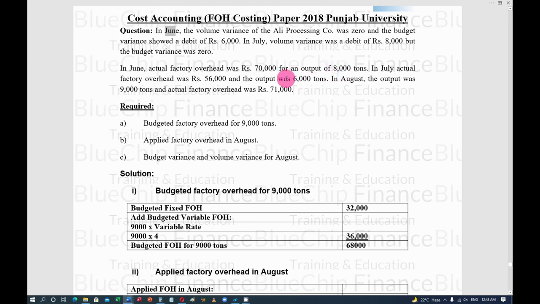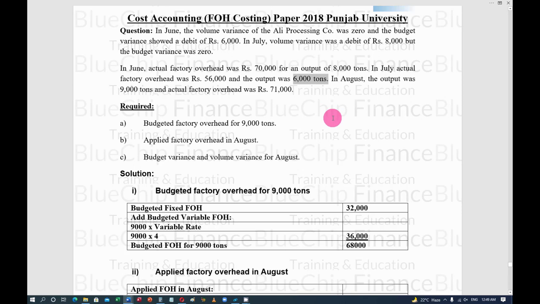Between these two levels, the 8,000 tons activity level is the highest, which is obviously for June. But as you noted above, there is a debit of rupees 6,000 for budget variance, so we subtract this 6,000 out of this 70,000. So budgeted FOH for June is 70,000 minus 6,000, which equals 64,000 at 8,000 tons activity level, and the lowest level is 56,000 because budget variance is 0 for activity level 6,000.